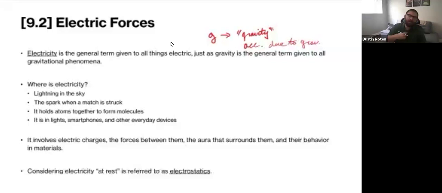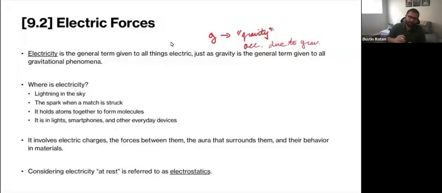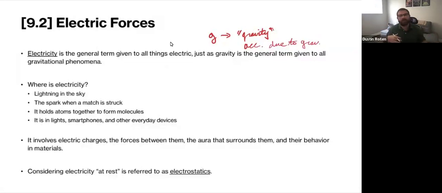You've got lightning. When you strike a match, that spark, that's an electrical phenomenon. It's a thing that holds atoms and molecules together. And every time you turn on a light switch or pick up your smartphone or any other everyday device, you're pretty much interacting with electricity.